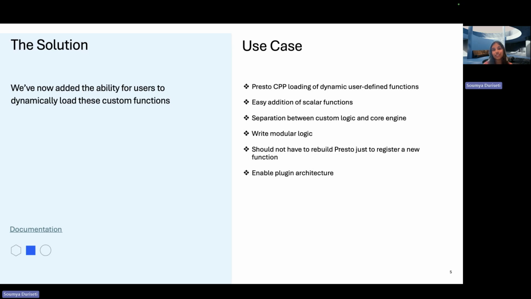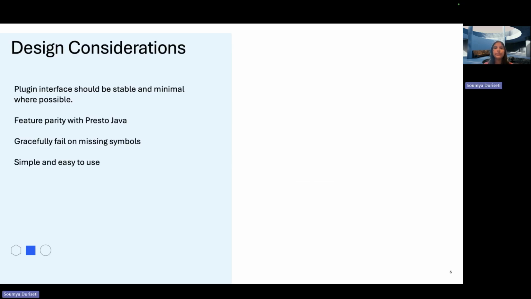And the other thing that I was hinting at was you do not have to rebuild all of Presto anymore just to register one new function. Having this enables a whole new world of plugin architecture, and there are so many different ways that we can eventually take this.